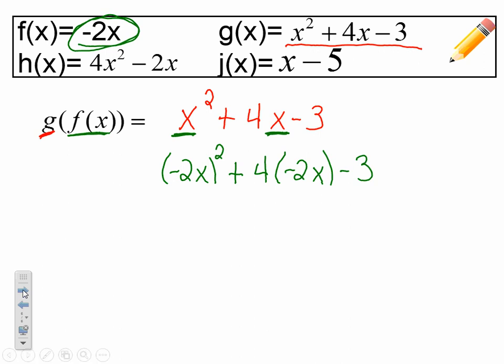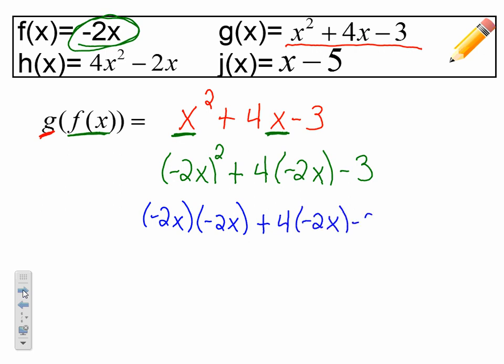Now we're going to start simplifying this. First thing, we have squared. And we have to remember squared means you have to multiply it times itself. So I'm going to have negative 2x times negative 2x. I'm going to rewrite that. Plus 4 times negative 2x minus 3.